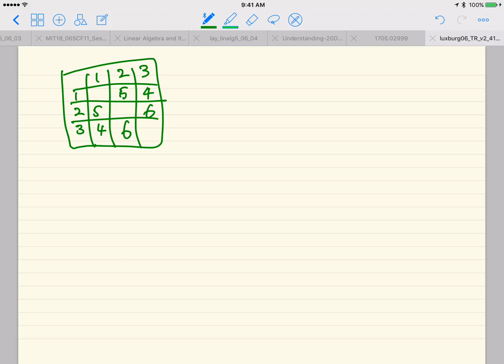And then what will be our Laplacian matrix? We'll put the minus sign here, right? And then what are the diagonal entries? What is the first diagonal entry? What is the value here?